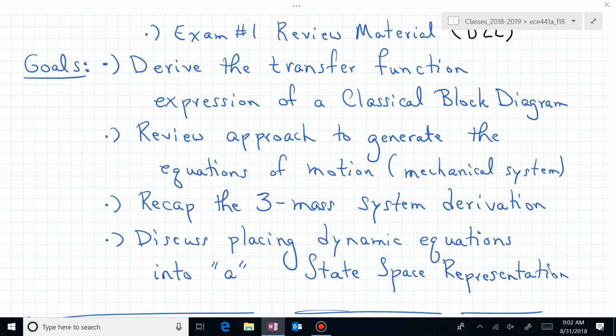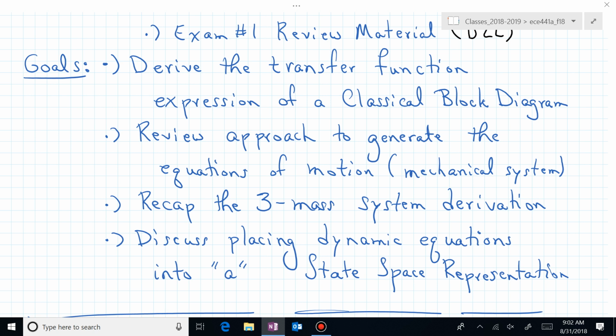Today, I want to do a few things. We'll put things a little bit out of sequence. Let's jump back and talk about finding a transfer function using block diagram algebra. Then we'll pick up where we left off last lecture with this mechanical system, this 3-mass system.